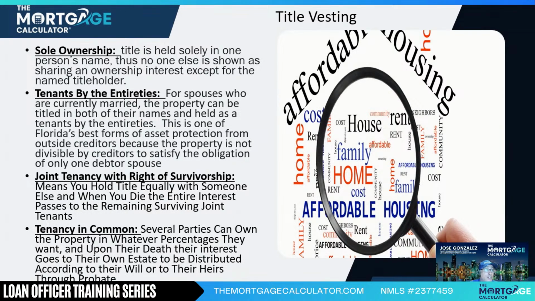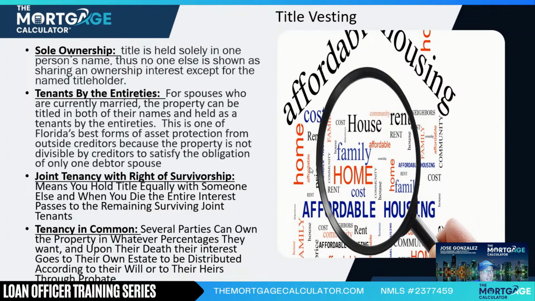These are the four most common forms of vesting. You have sole ownership. It's going to be one individual where title is held solely in one person's name. Thus, no one else is shown as sharing an ownership interest except for the named title holder. One person, 100% owner.